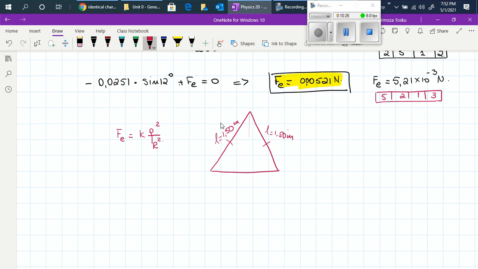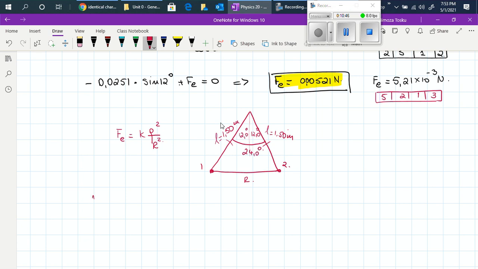Now each of those angles we said is 12 degrees, so the whole thing is 24 degrees. And what we are looking for is this R, which is between charge 1 and charge 2. You have two options to find it.